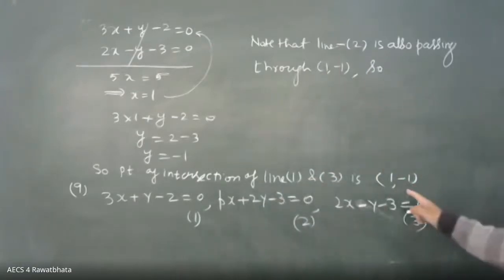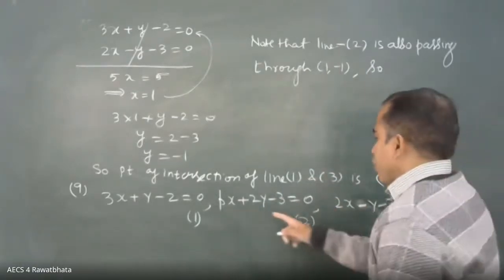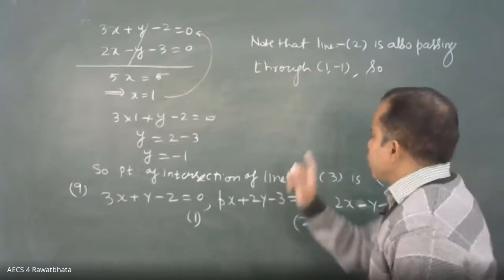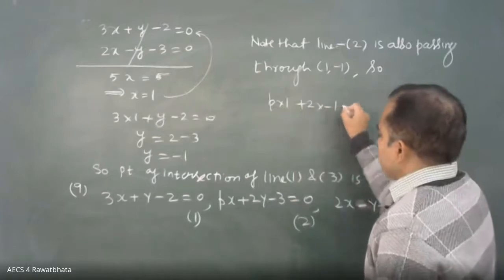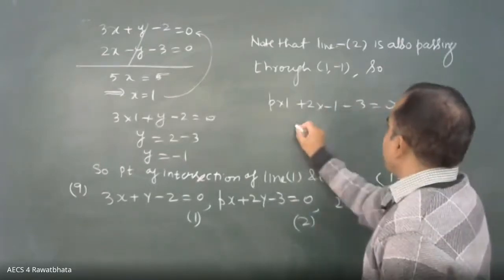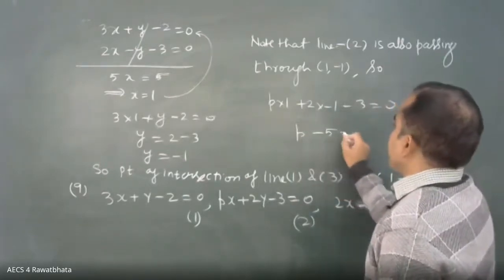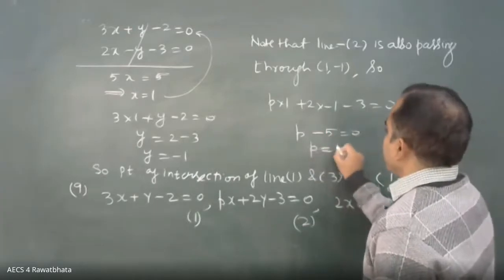So put these 1 comma minus 1 as values of x and y respectively in equation number 2. So p into 1 plus 2 into minus 1 minus 3 equal to 0, which will give you p minus 5 equal to 0. P is equal to 5.